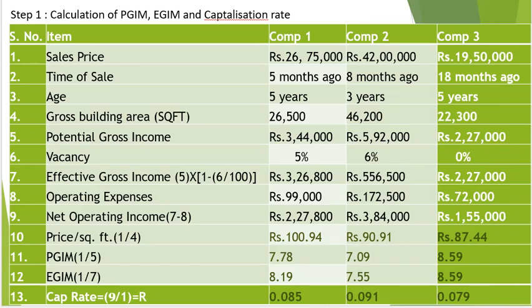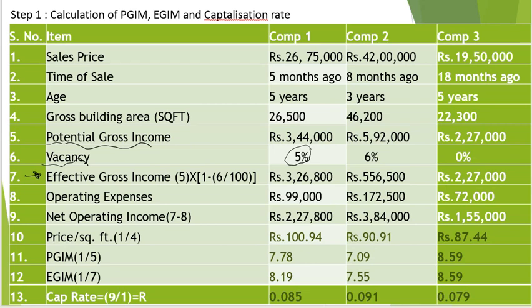So from here, the first thing you have to find out is, from the potential gross income and from the vacancy, the effective gross income. Effective gross income means, this 5% remained unoccupied for the year, so it means 95% remained occupied.